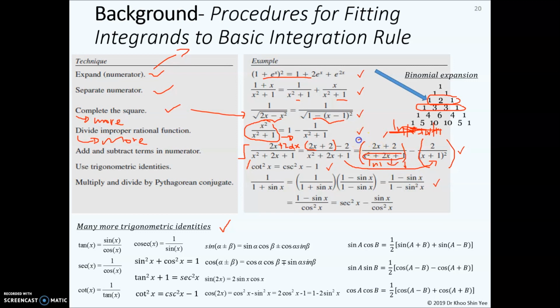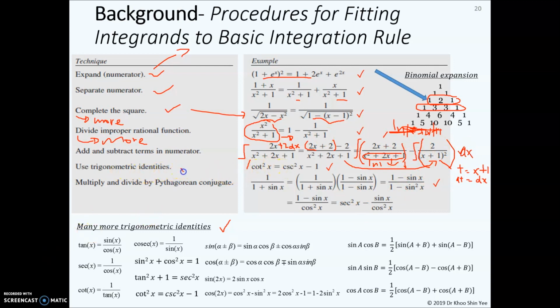So if I take the integration, I should get this. And for this term, we can use the substitution, let t equal to x plus 1, and then you take dt over dx, you get dt equal to dx. So substitute inside, you can solve it easily if you take the integration for this part also.